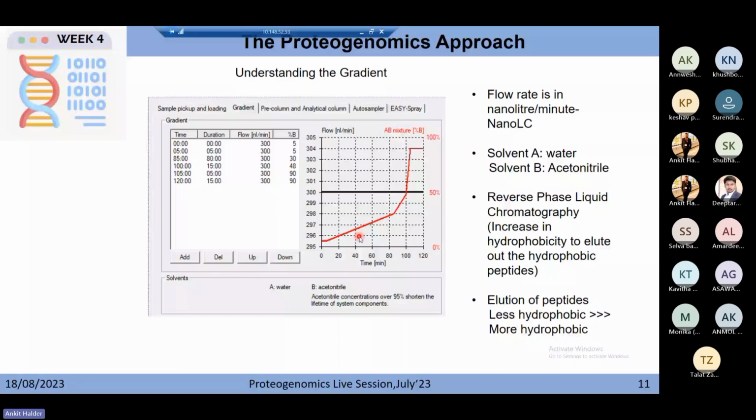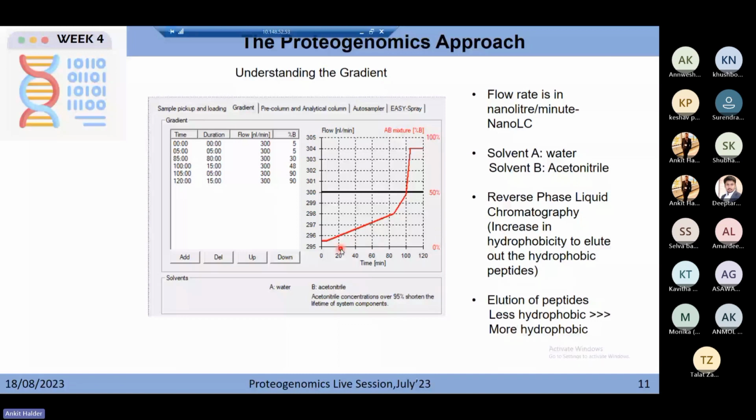That's why we should expect the majority of the peptides to come out near the middle region, where there is the maximum outflow. During the start of the elution, the hydrophilic peptides should not elute out while we are just increasing the gradient.